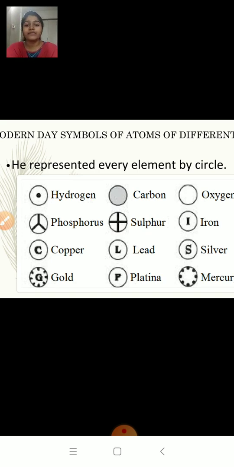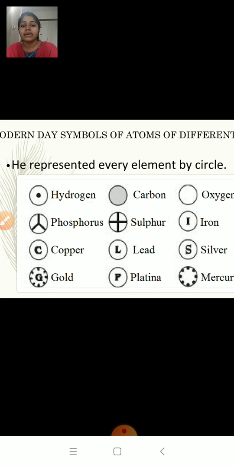For hydrogen, the symbol is a circle with a dot inside. For carbon, the symbol is a circle and it is shaded. For oxygen, it is a circle and it is blank. And for copper, it is a circle with the alphabet C written inside.